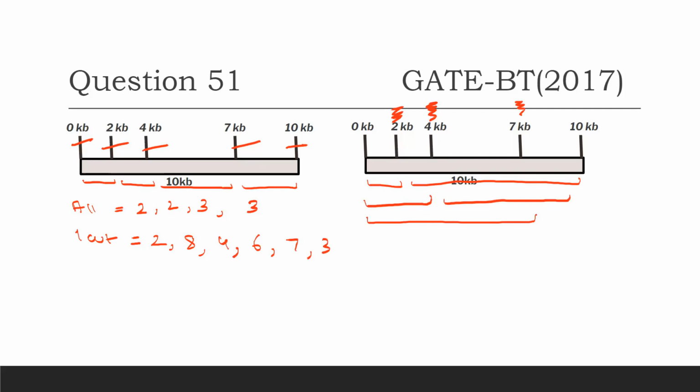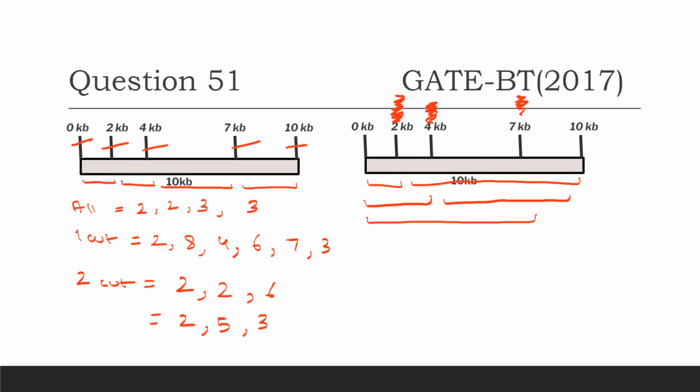In fragments where there are 2 cuts, you can end up with the 2 cuts being the first 2 restriction sites: a 2 kb fragment, another 2 kb fragment, and a 6 kb fragment. If the cut happens at the first and the third site, you get a 2 kb fragment, a 5 kb fragment, and a 3 kb fragment.